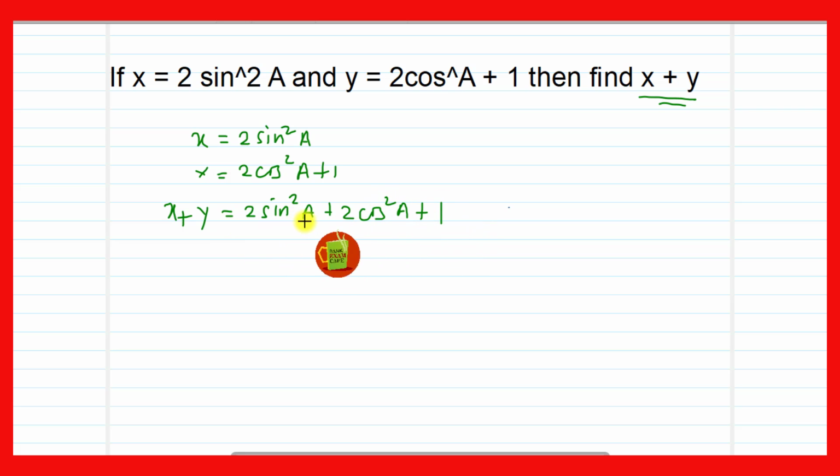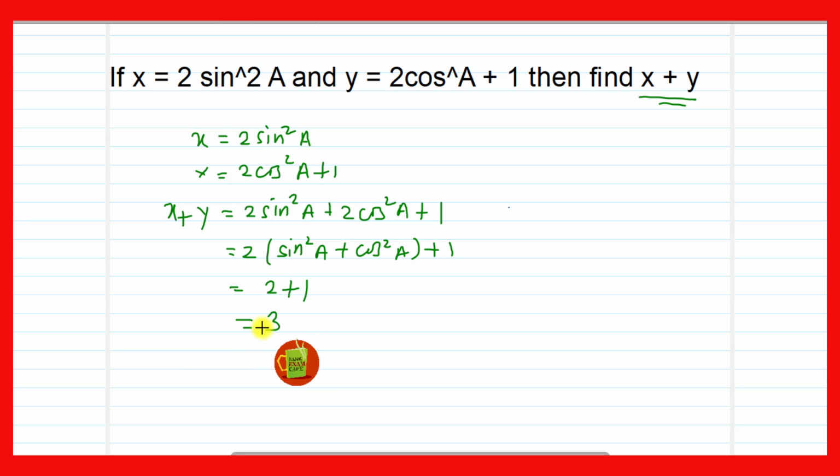Now from these first two terms, if you take out 2 as a common factor, then inside the bracket it will be sine square A plus cos square A, plus 1, which is equal to 2 times sine square A plus cos square A. This is 1, and so it will be 2 into 1 which is 2, plus 1, which is equal to 3, and so we get x plus y equal to 3.